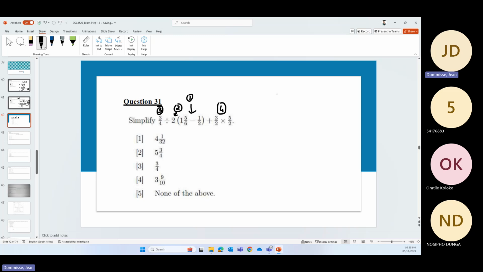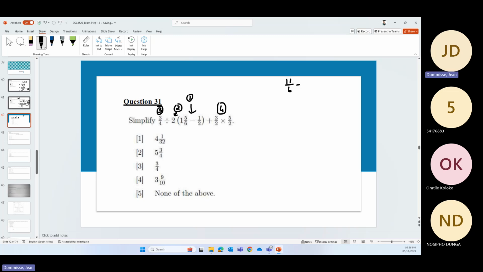Okay, so firstly, we need to simplify that. So let's first make everything a fraction. So 6 times 1 is 6. 6 plus 5 is 11/6. And let's change the half to over 6 as well so that we can subtract easier.